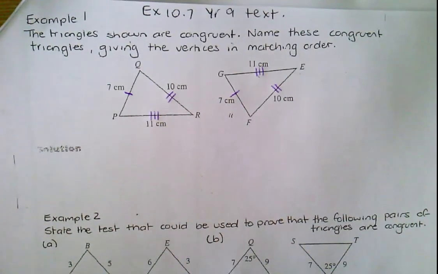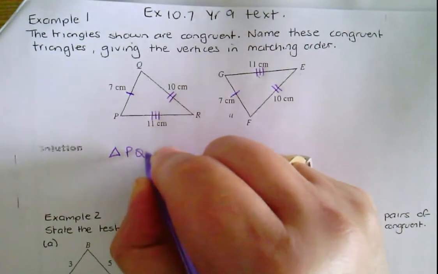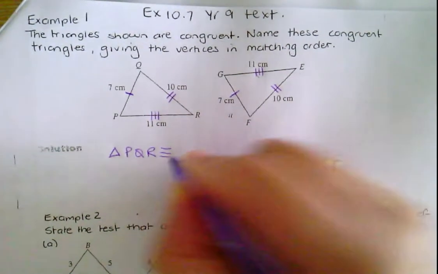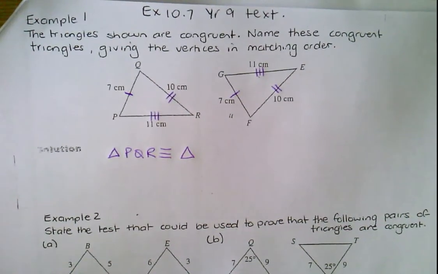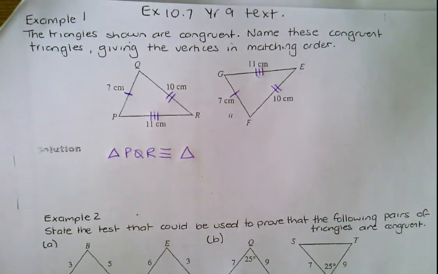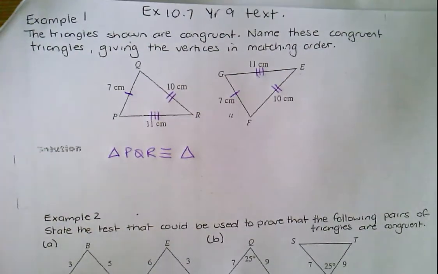Name the congruent triangles. I need the vertices in matching order. So I'm going to go triangle PQR is congruent to triangle. I need it in order. And how are you going to tell me the order? I'm going along the single dash side and then along the double dash side.